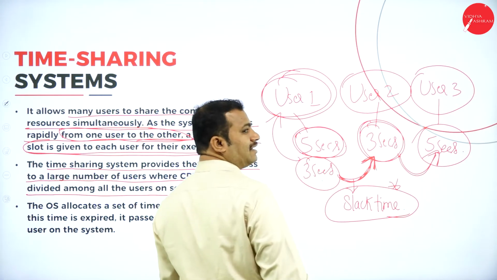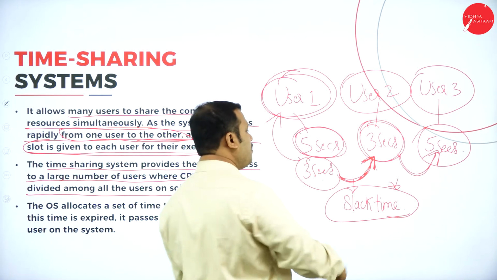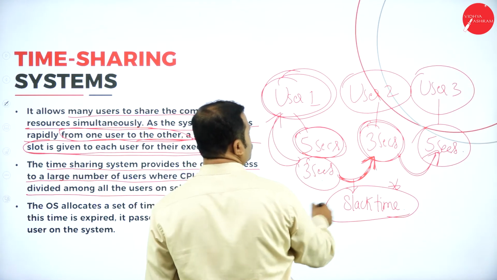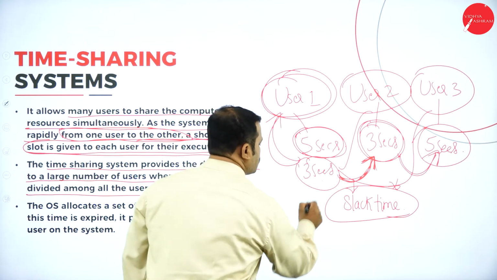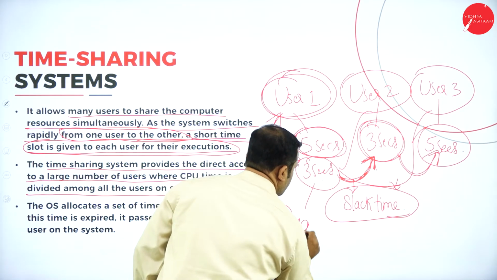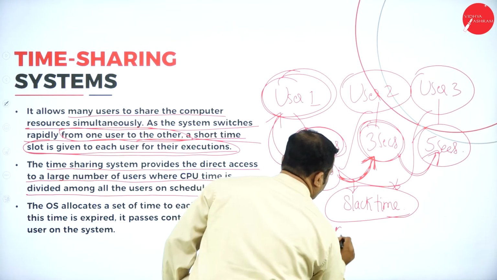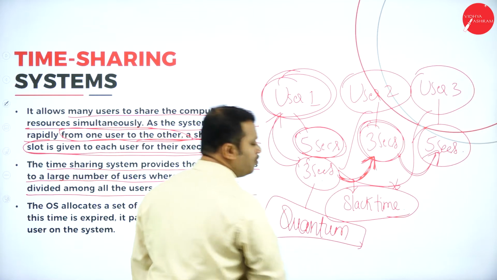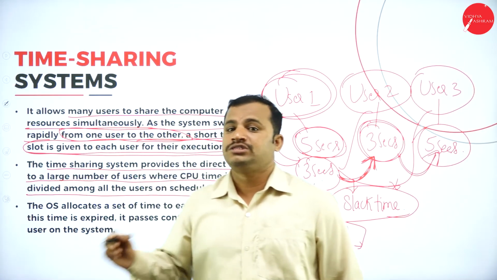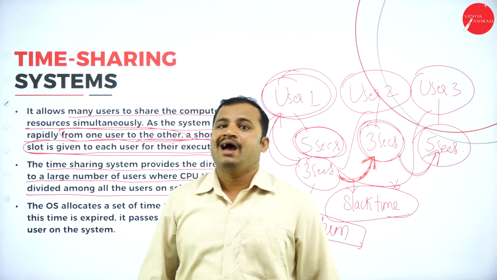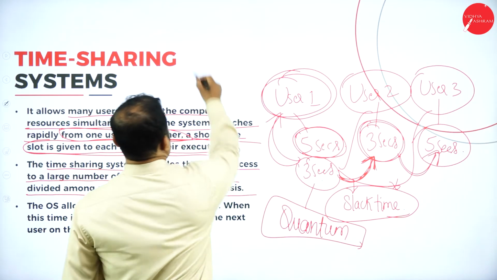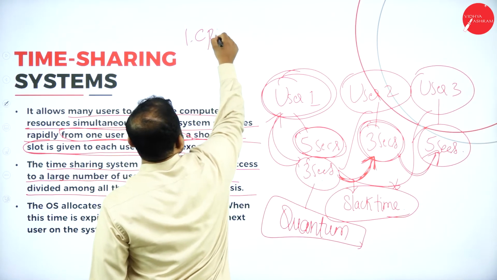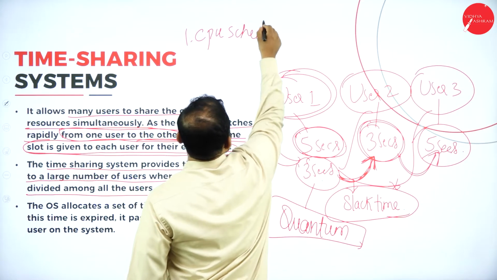But what is the time quantum allotted to them? 3 seconds for user 1, 3 seconds for user 2, 3 seconds for user 3. This is called a time quantum, which you are going to learn when I start explaining the problems of CPU scheduling algorithm and the disk scheduling algorithm. Let me have the word here, CPU scheduling algorithm.